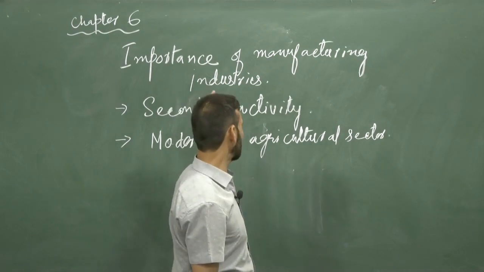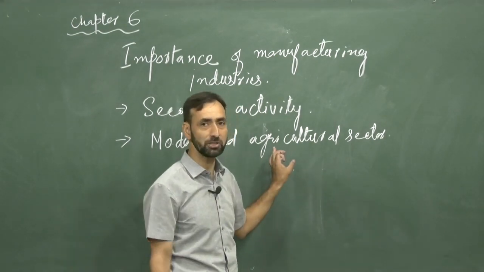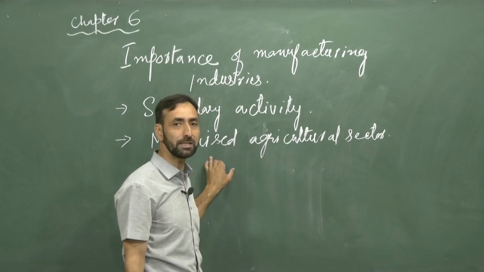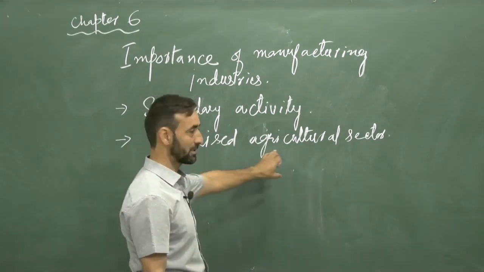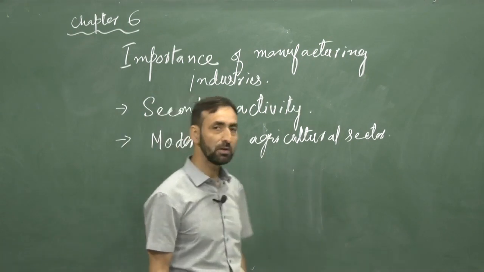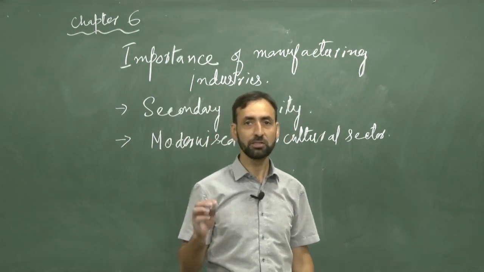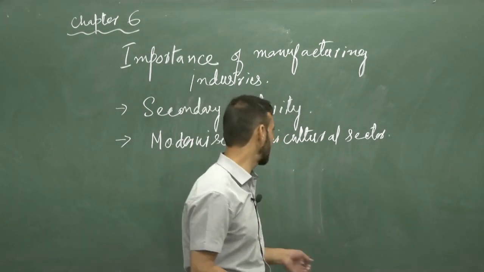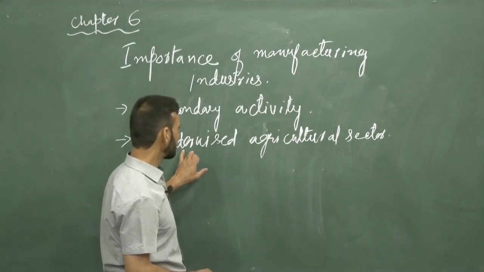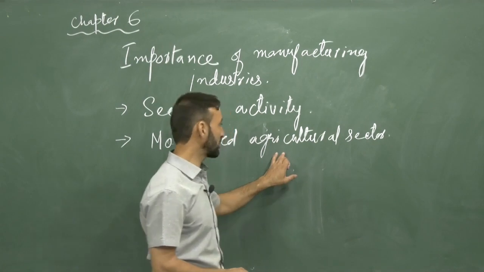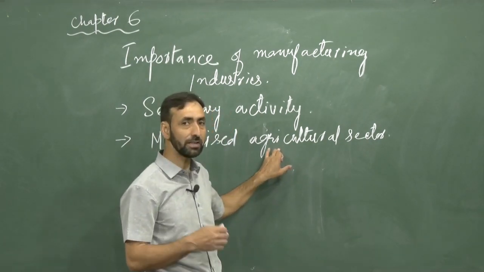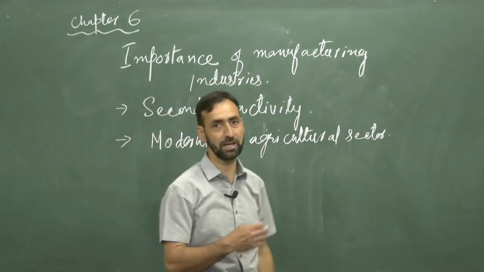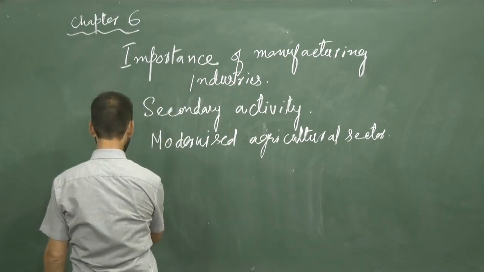When industries were established, this industrial sector provided new tools and techniques to the agricultural sector, in the form of tractors, harvesters, tillers, threshers, biochemical fertilizers, etc. That is why the agriculture sector has become modernized, which was possible when the manufacturing sector supported it.